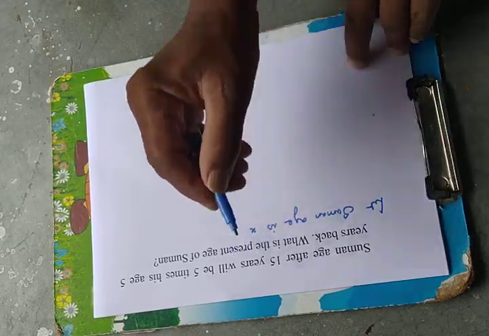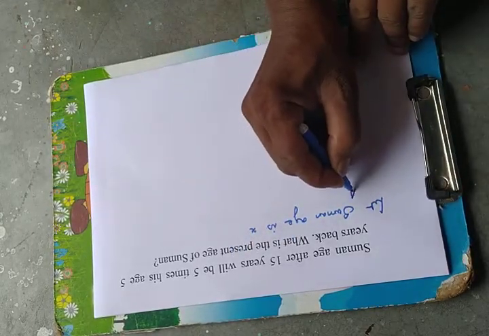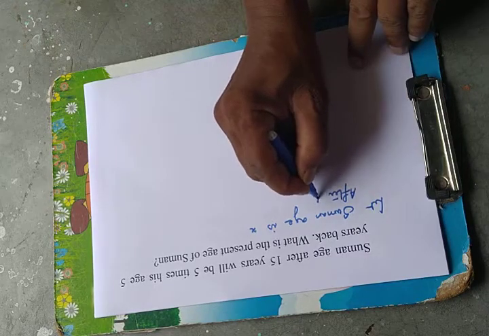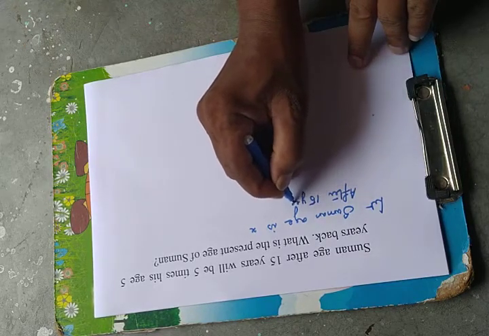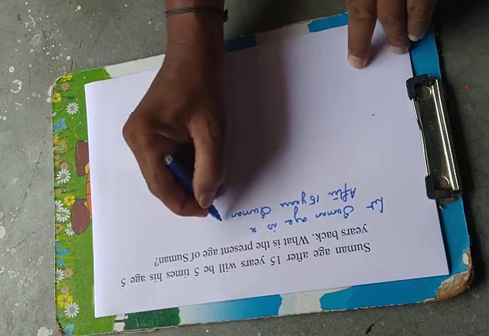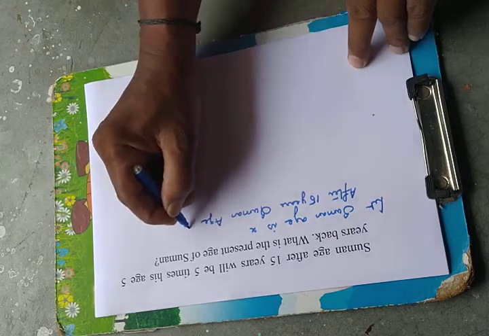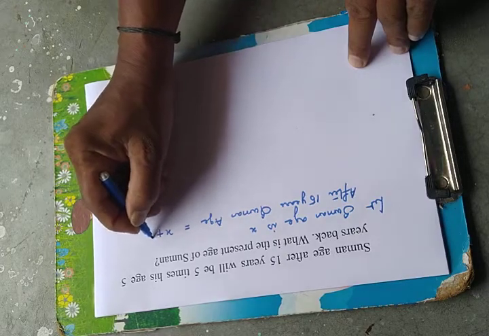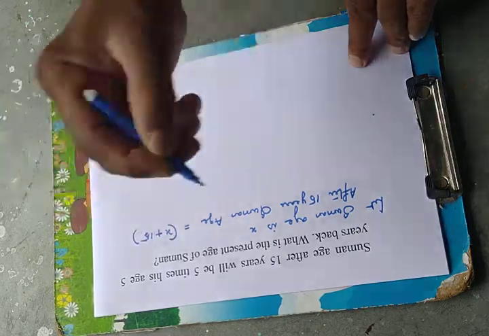After 15 years, Suman's age equals x plus 15.